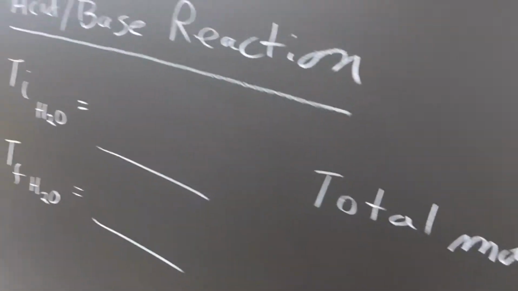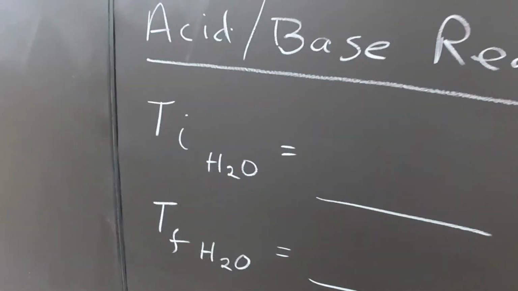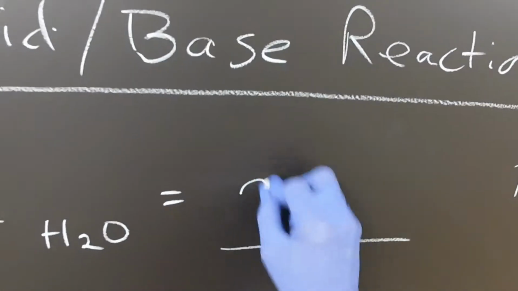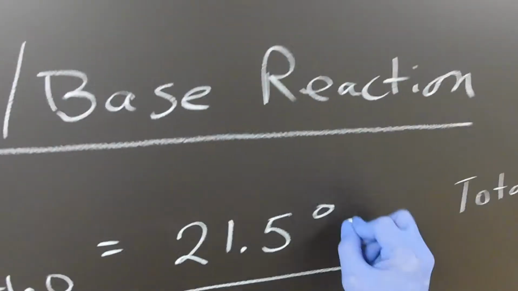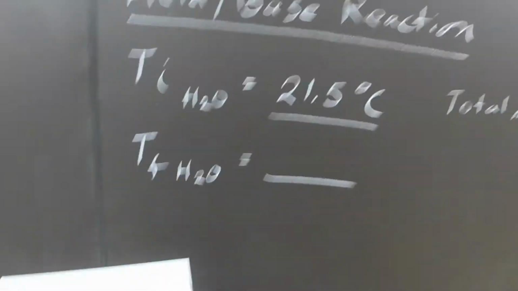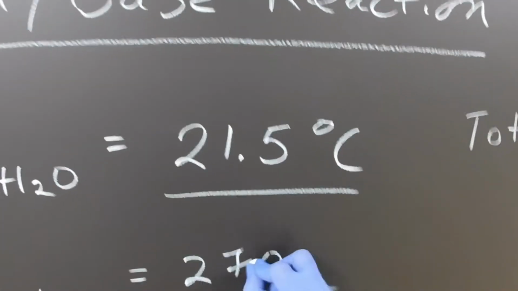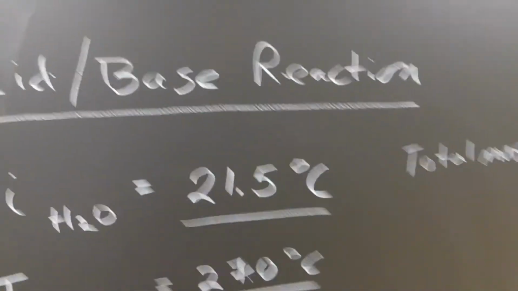Total is 110 grams. So the initial temperature, for them both, was 21.5 degrees C, and the final was 27.0 degrees centigrade. Okay? That's experiment number 1. Now we're going to go to the heat of solution for sodium carbonate.